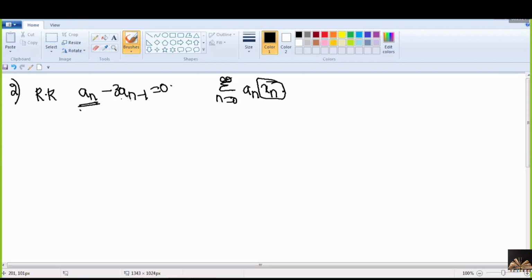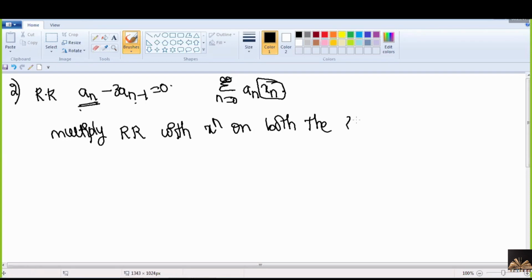Therefore, the given recurrence relation is to be multiplied with x power n on both sides. Now the relation becomes an into x to the power n minus 3an minus 1 into x power n is equal to 0 into x power n, anyway it is 0.